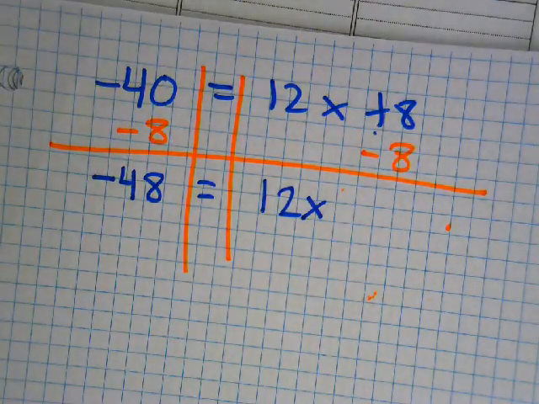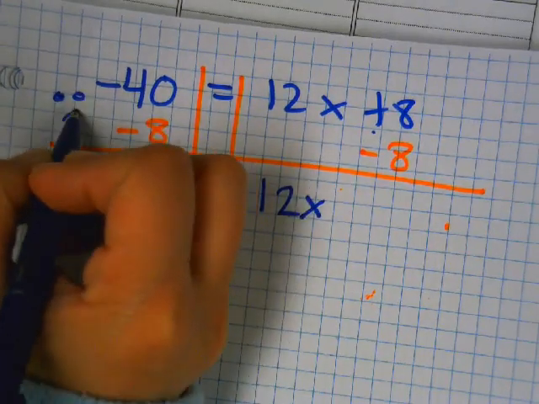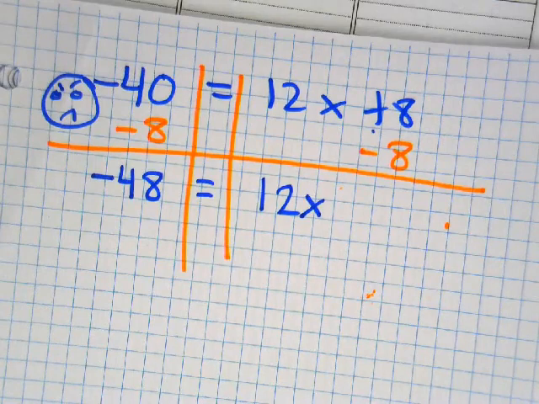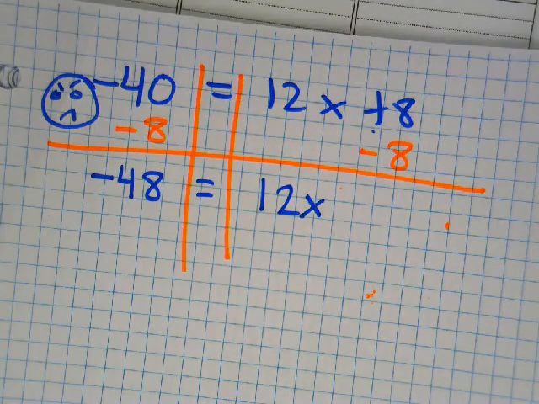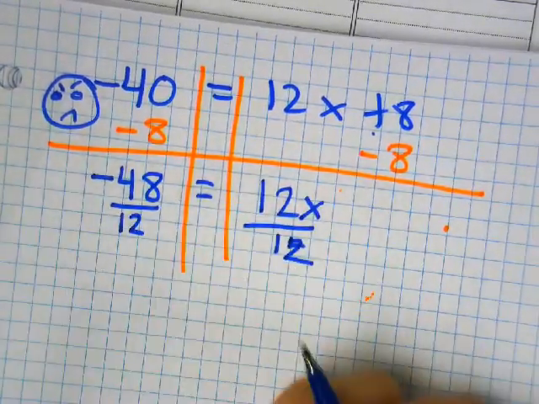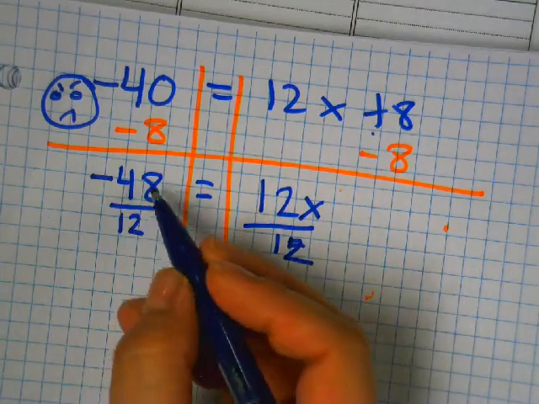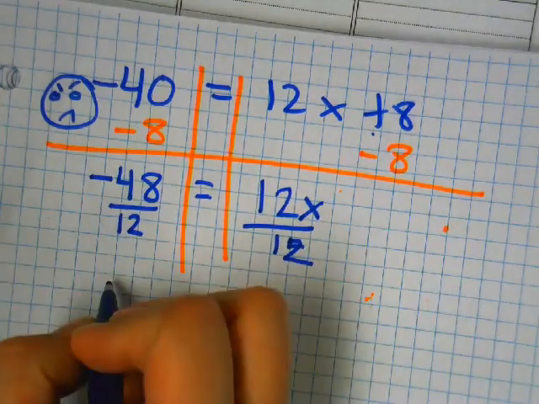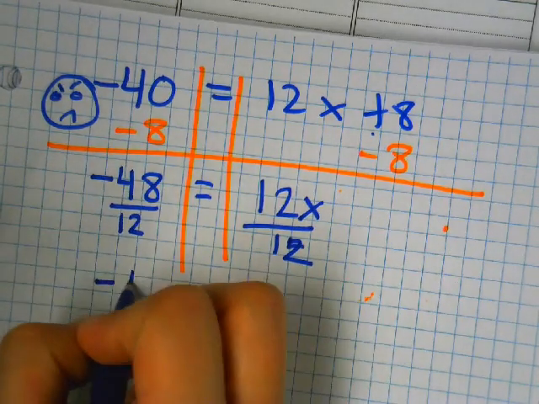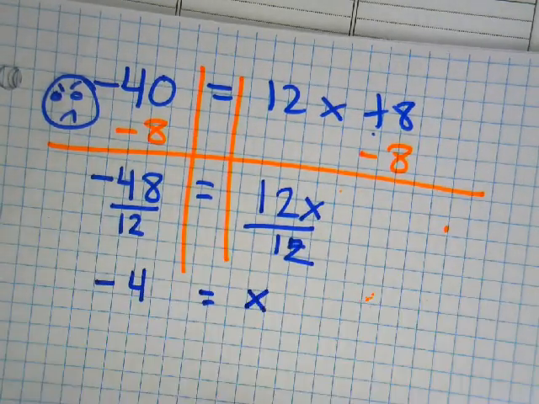Keep change opposite. What's your last step? Divide by 12. What's negative 48 divided by 12? Negative 4. Negative 4 is equal to x.